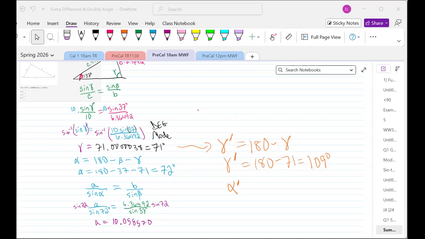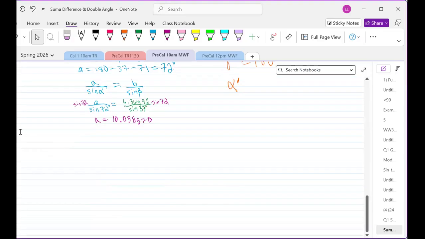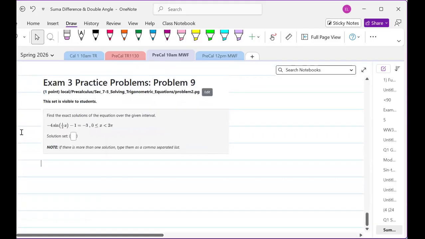All right, we had a request for trig equations. So I yoinked problem 9. It's a little bit weird. We've got a 1/2 x inside the trig function. We're trying to get x by itself.